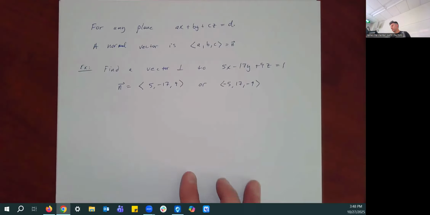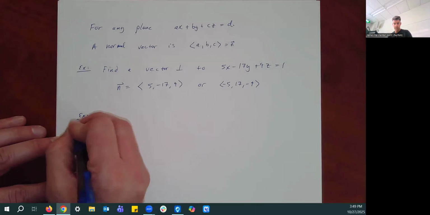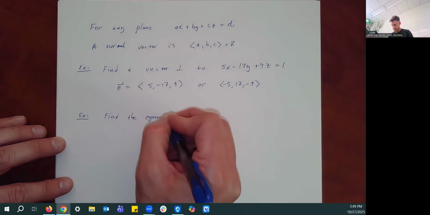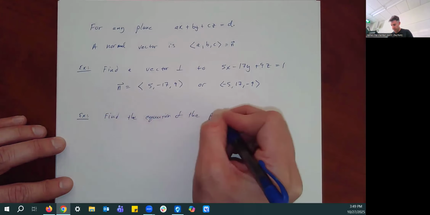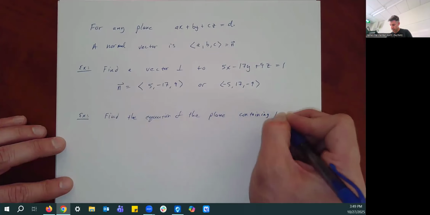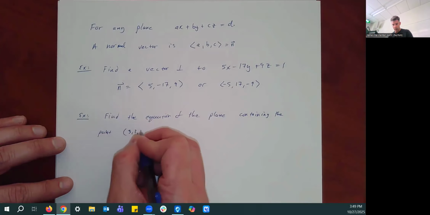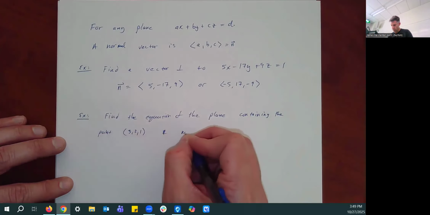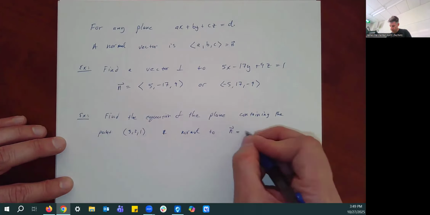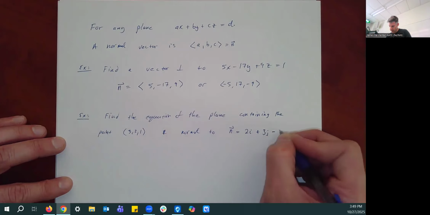Here's a more interesting question. Find the equation of the plane containing the point 3 comma 2 comma 1 and normal, or perpendicular, to the vector n equal to 2i plus 3j minus 4k.